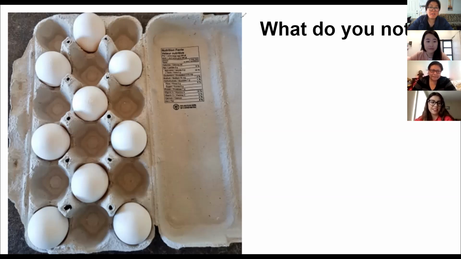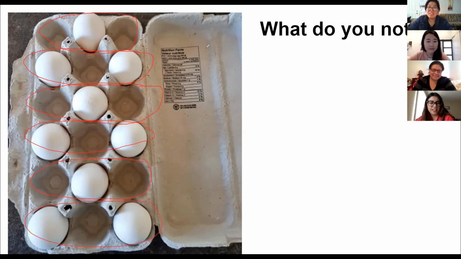So let's count how many rows we have. 1 row, 2 rows, 3 rows, 4 rows, 5 rows, and 6 rows.